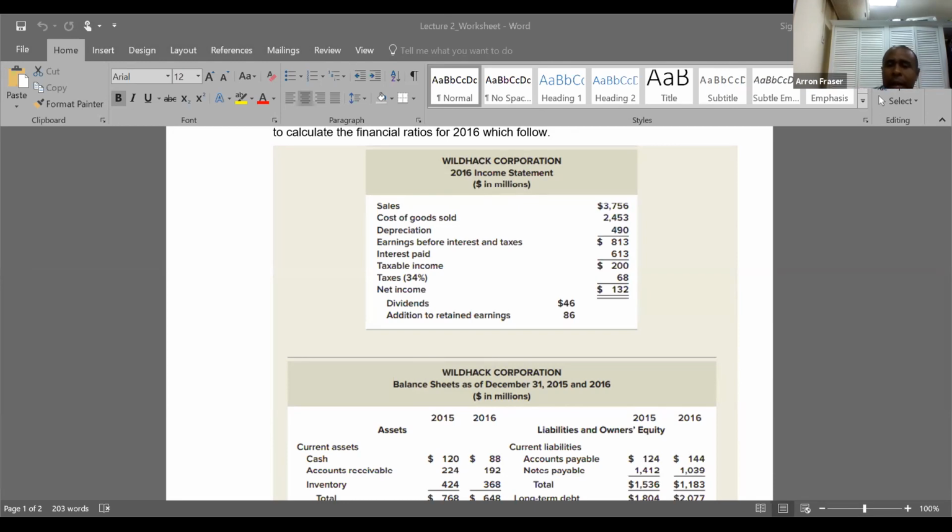So in our example here, depreciation is $490. So it's 813 plus 490 divided by 613, and that will give you 2.13 times.